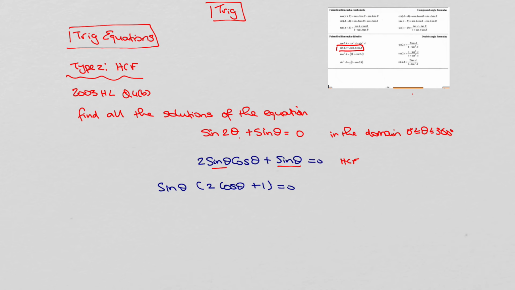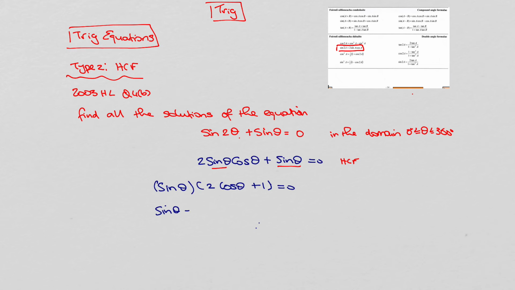So if I put a bracket around my sine theta, what that basically means is that we have sine theta multiplied by 2 cos theta plus 1 to give you 0. So that means that sine theta must equal 0, or 2 cos theta plus 1 must equal 0.